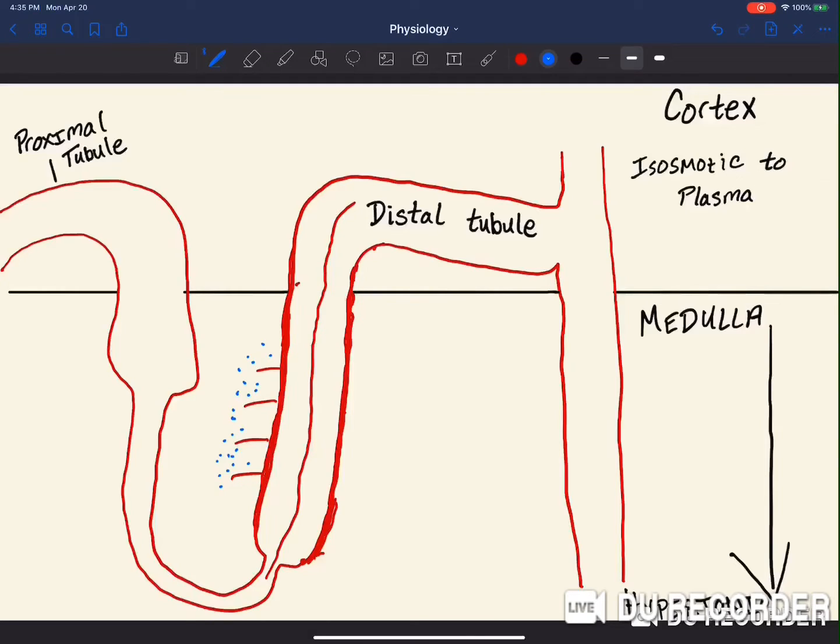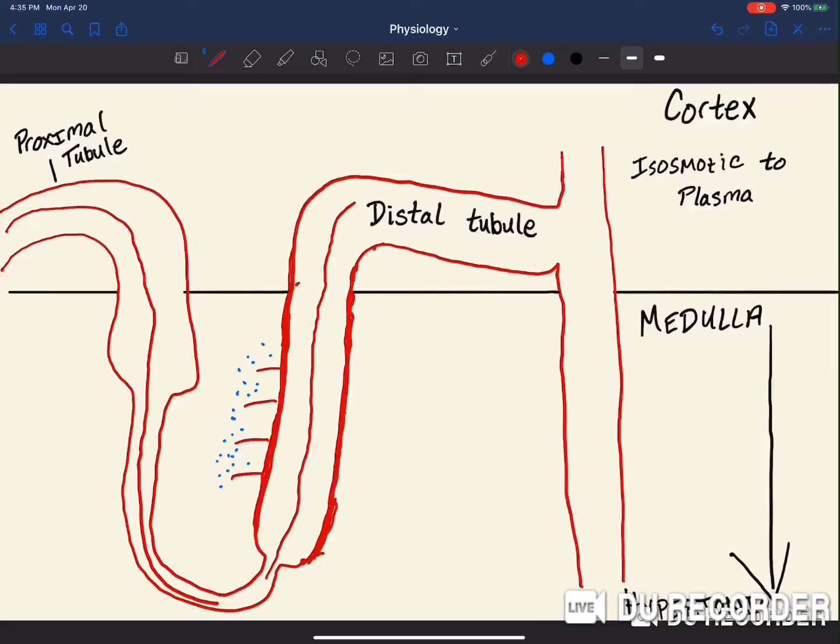Now, we know that when we increase osmolarity or we increase tonicity, what happens? Water follows solutes, right? So then that's where you're going to see the fluid that's starting through the proximal tubule.